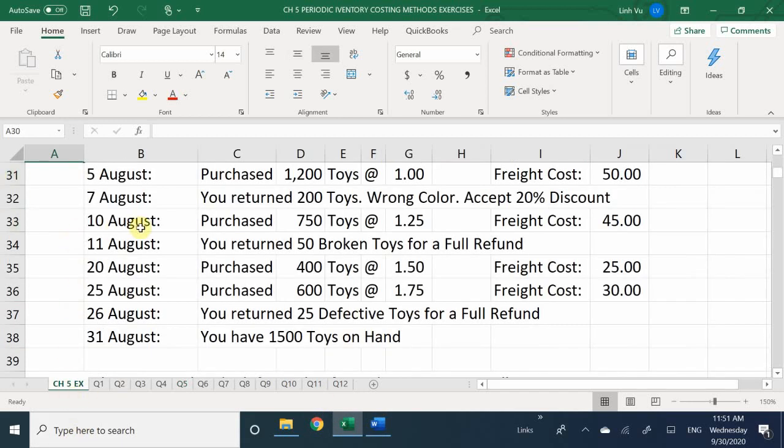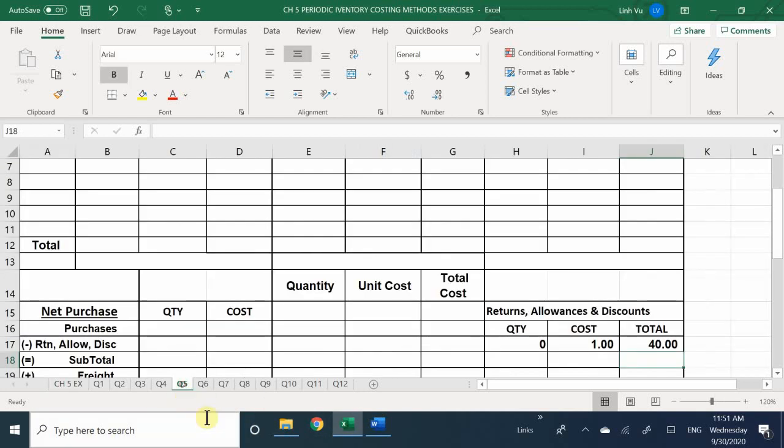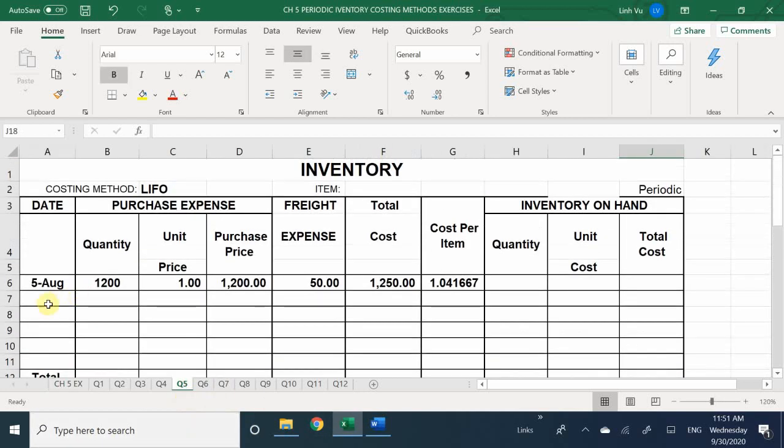Then on August 10, you purchased another 750 items at $1.25 with freight of $45. So back to my worksheet, I'm going to indicate that on August 10, I bought 750 items at $1.25 and my freight was $45.